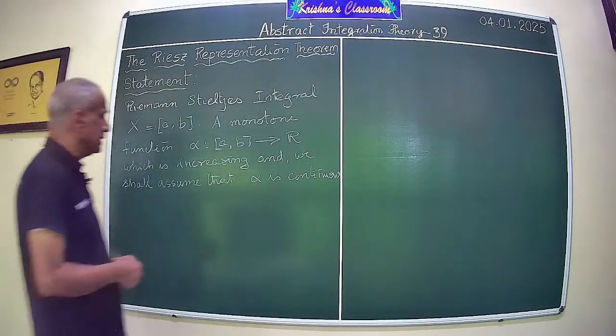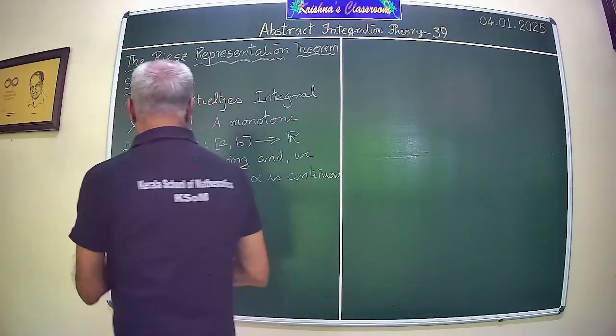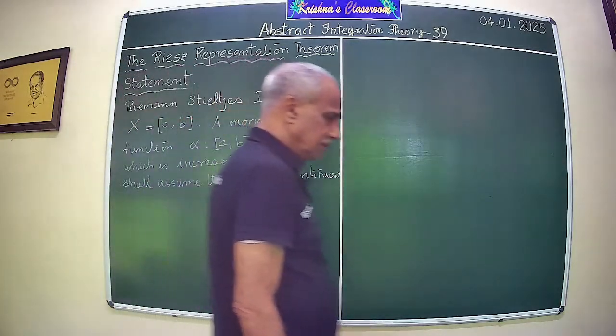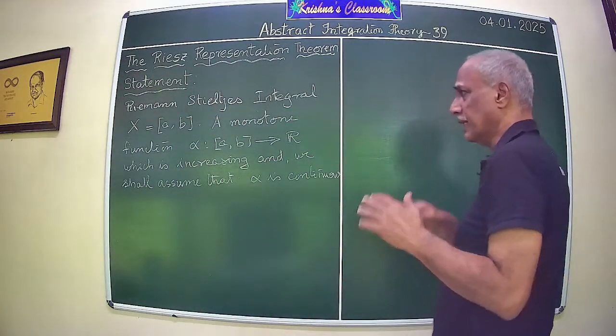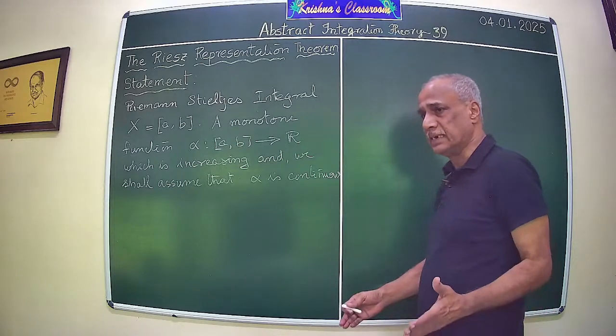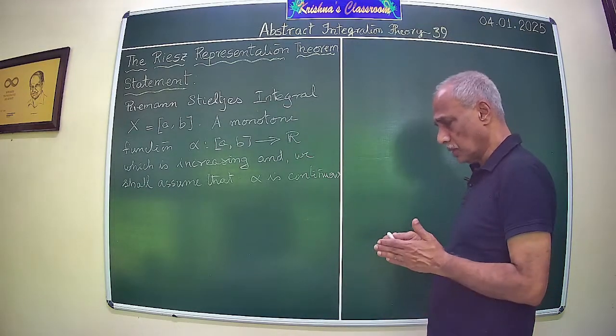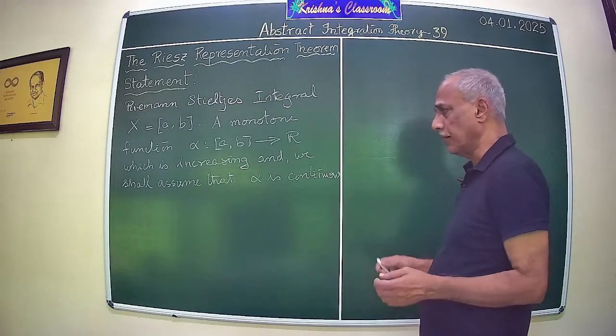Now you see that one can rework. So the usual Riemann integral technique is that you partition the domain into a sequence of points.